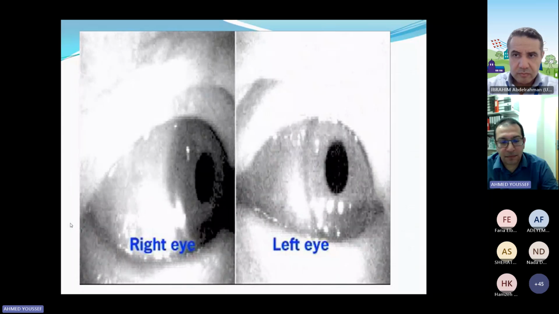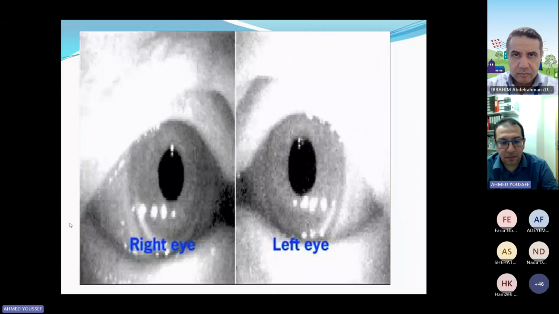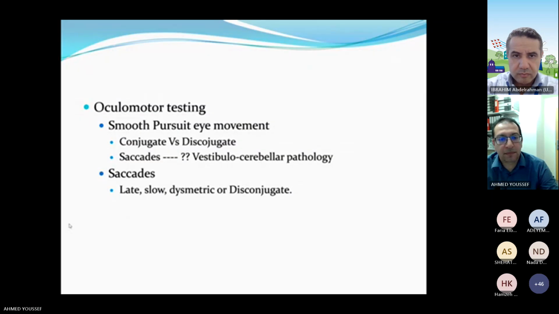This patient has a subtle rebound nystagmus, which you can identify with gaze testing.